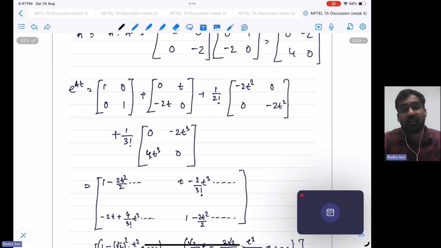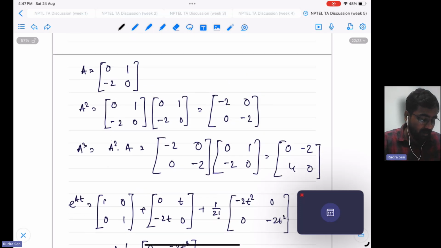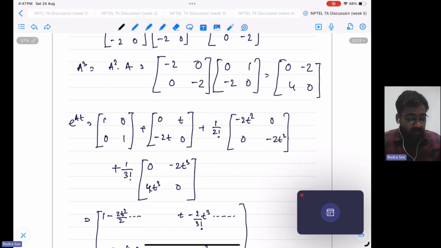I would not say it is easy, because here you also find A squared, A cube and all that, but still somehow this is quite easier to find the state transition matrix.